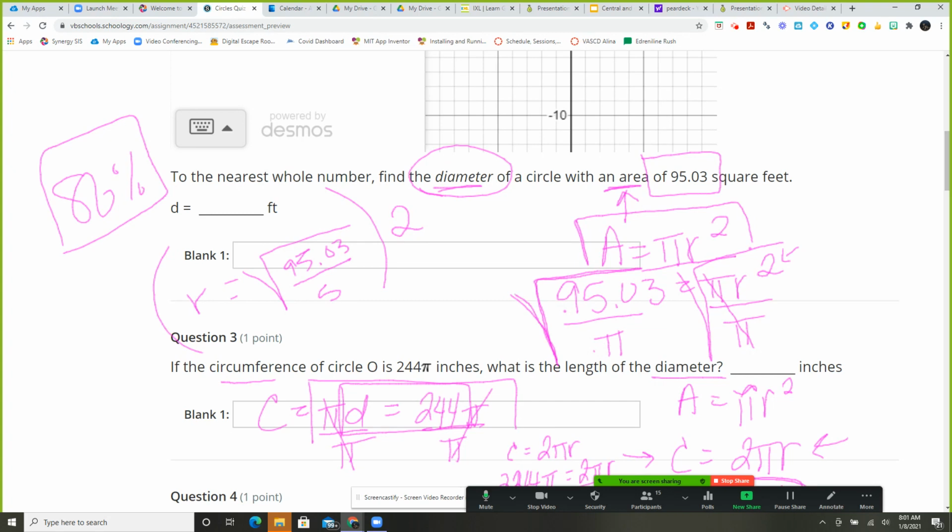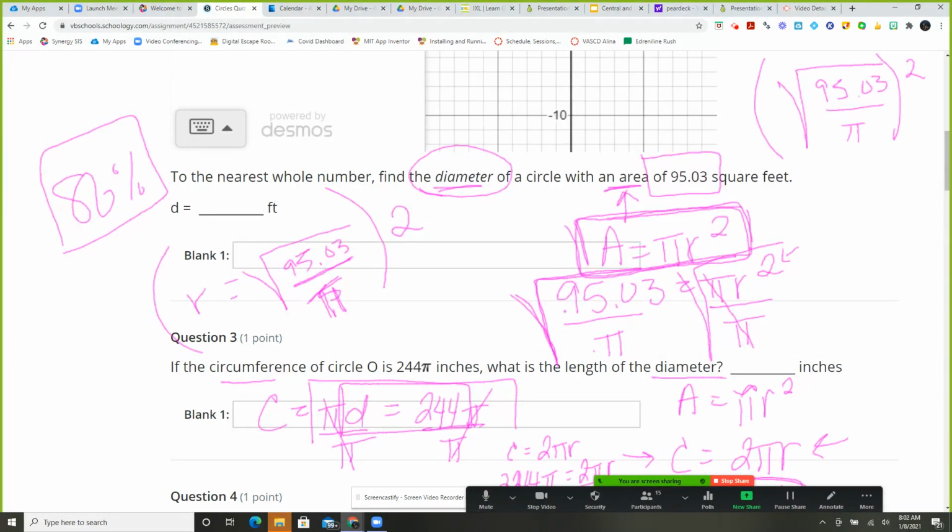So you're going to do the square root of 95.03 divided by pi, because that gives me the area, and then you're going to square it. So all you're doing is solving this formula.